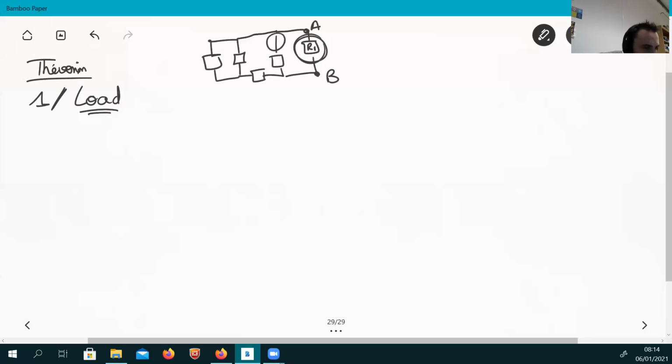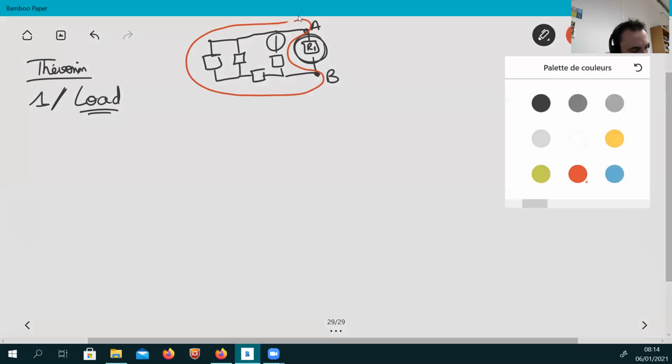So I'm not considering this resistor when I'm going to apply the theorem. So it means that I'm going to simplify everything except this resistor. So first thing, I'm considering the load and I'm getting it out from the circuit network.